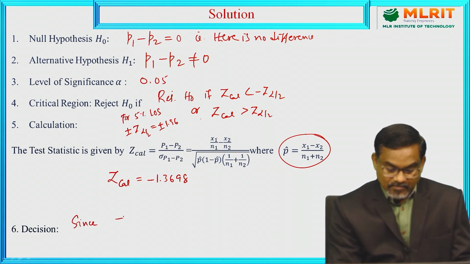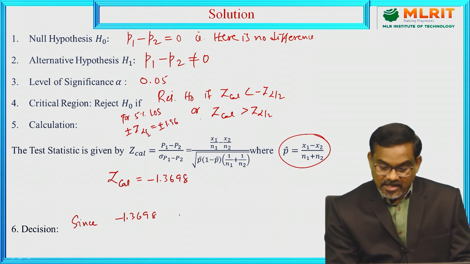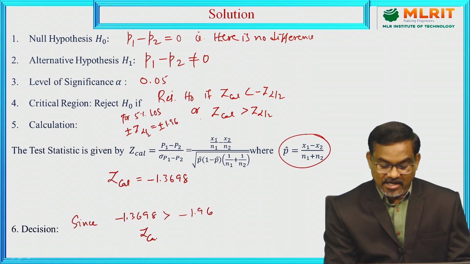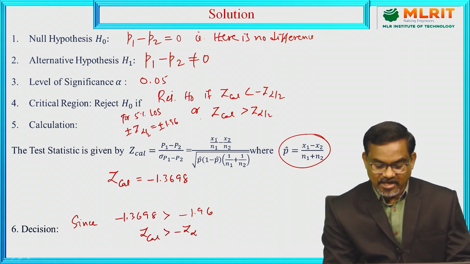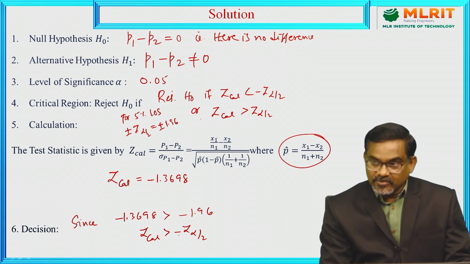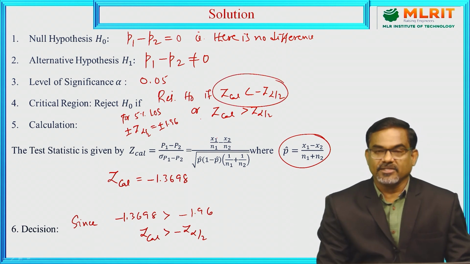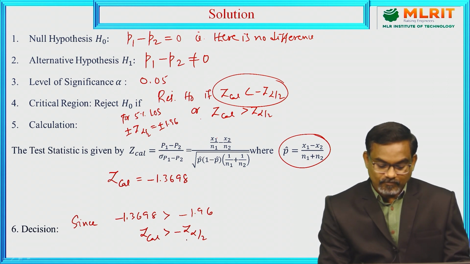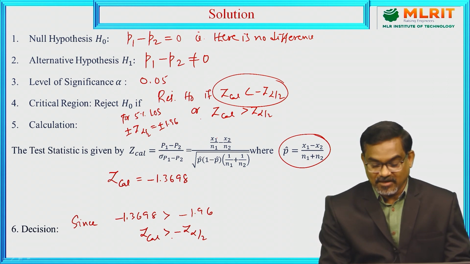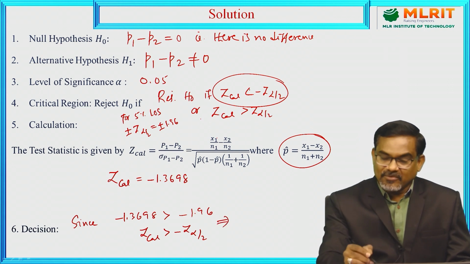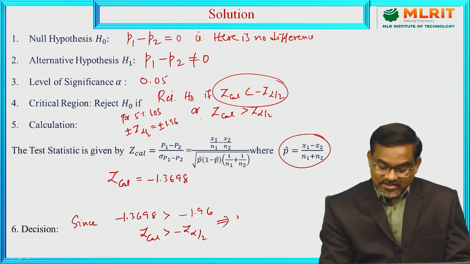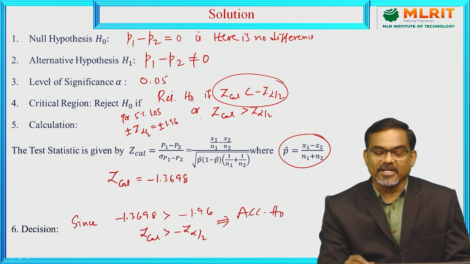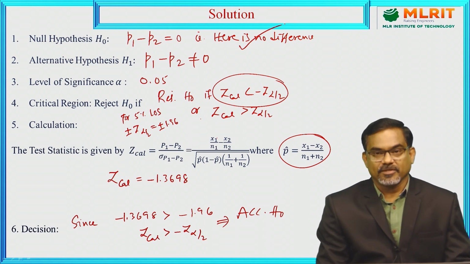Since minus 1.3698 is greater than minus 1.96, Z calculated is greater than minus Z alpha by 2. With a negative value, the condition must be Z calculated is less than minus Z alpha by 2. But what we got here is that Z calculated is greater than minus Z alpha by 2. If it is less than, we can reject the null hypothesis. Otherwise, we have to accept H0. That means there is no difference between the two population proportions.